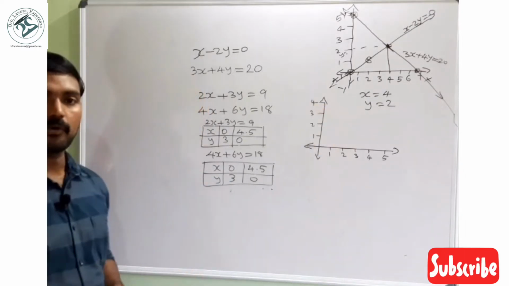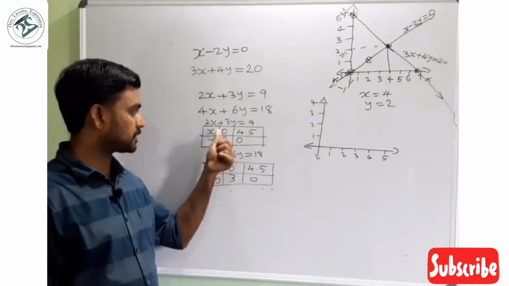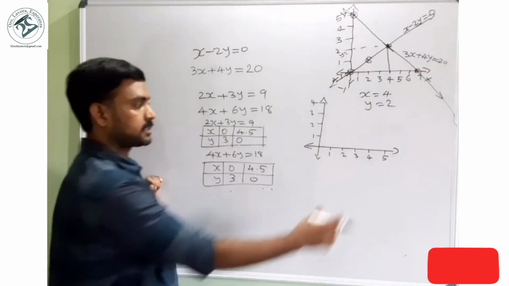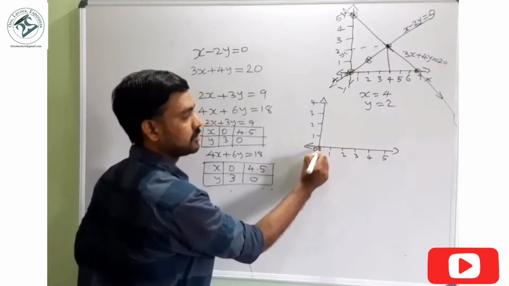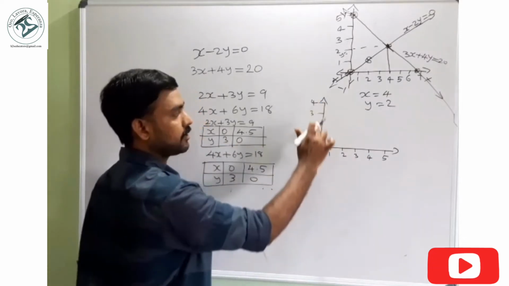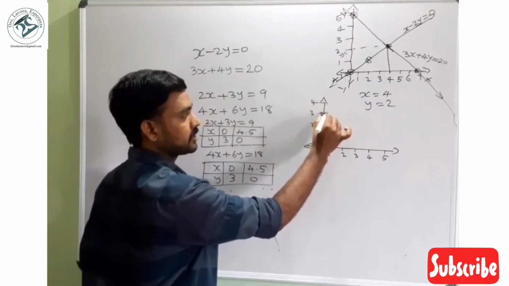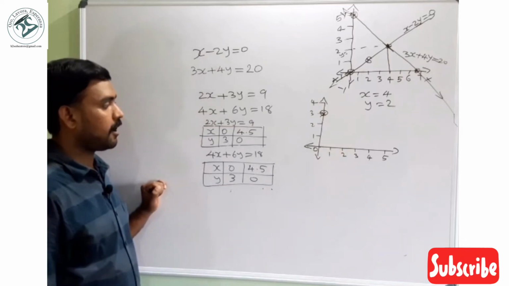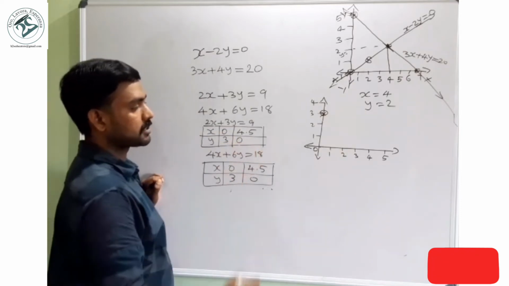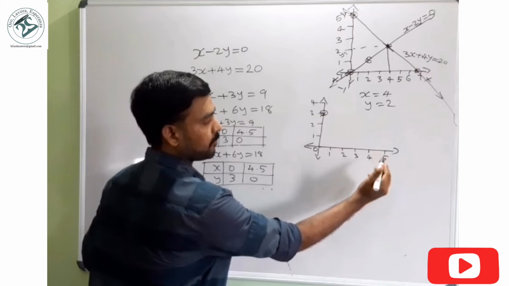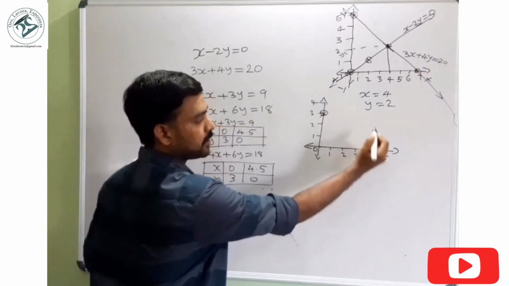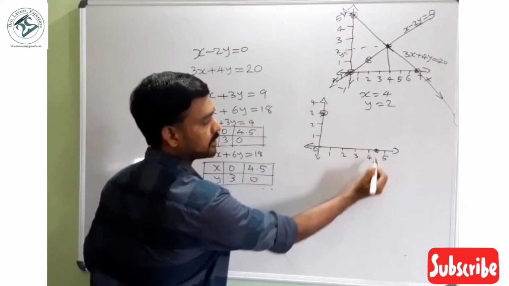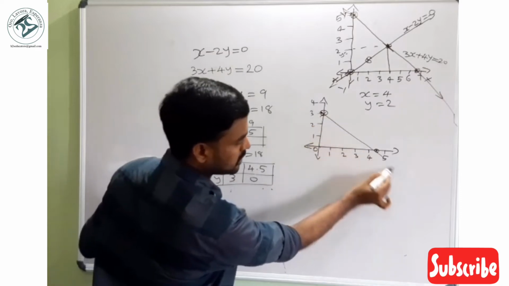Now we can plot the points. First for this equation, 0, 3. X value 0 means here is 0, and 3 means on the y-axis 3. So this is the point. Now 4.5, 0. On the x-axis here is 4.5, and 0 means not going upward or downward. So this is that point. So we can draw the line through these points.